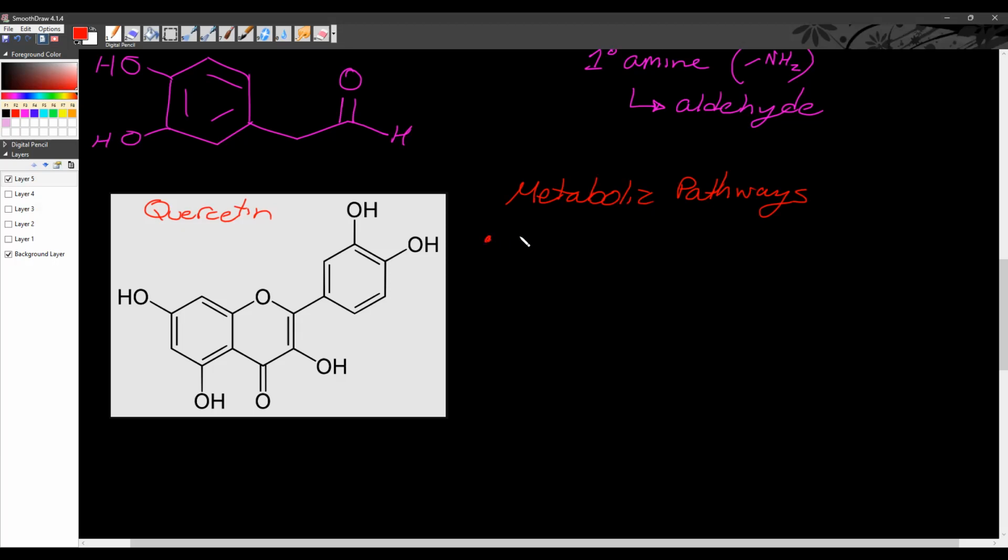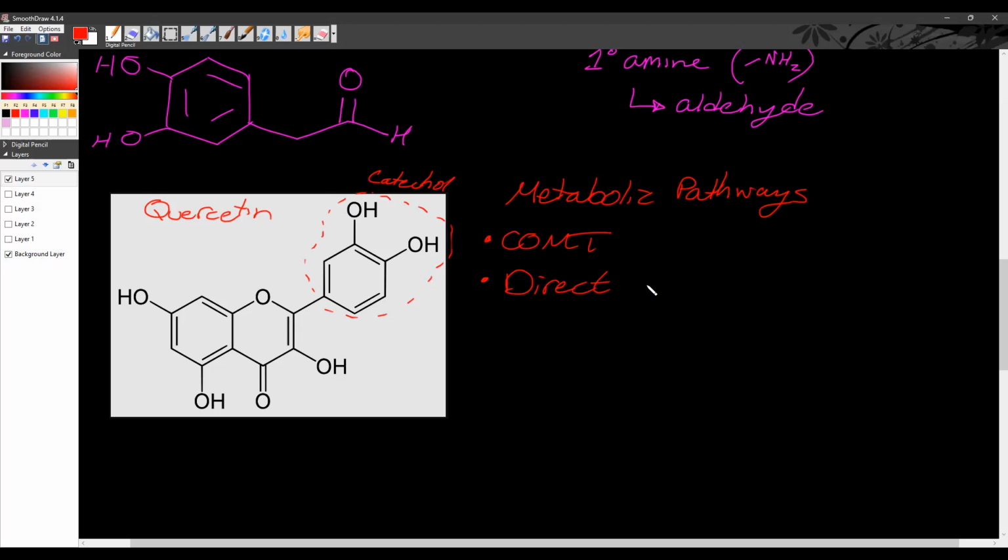I see some COMTs. I would agree. What we can see here is that this is the catechol functional group. I see direct phase 2.